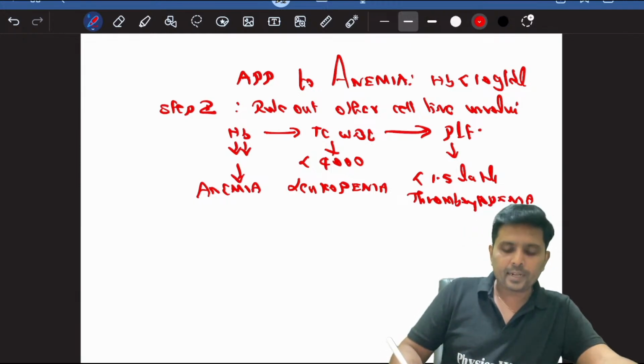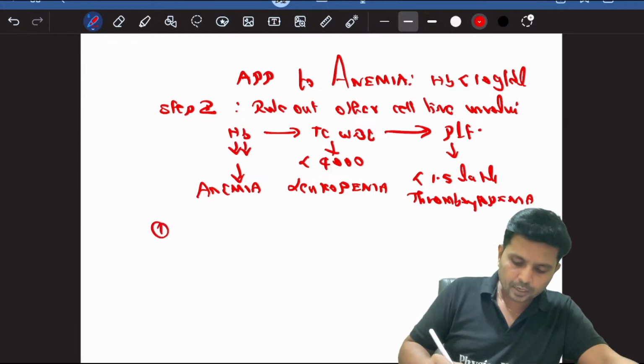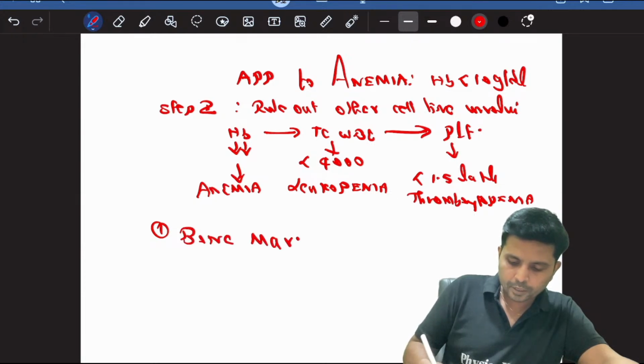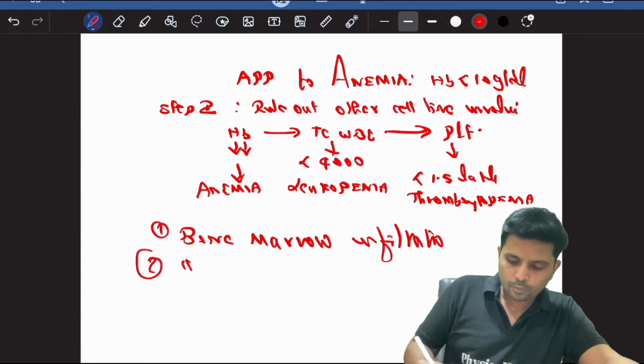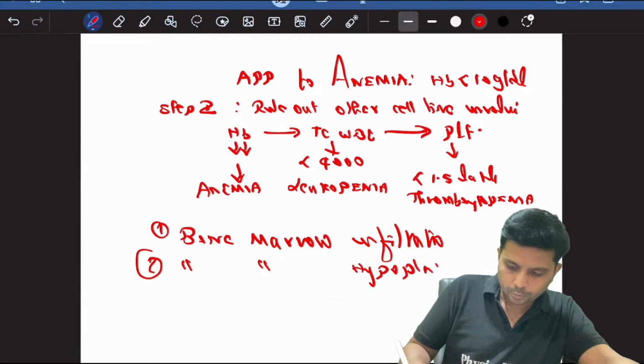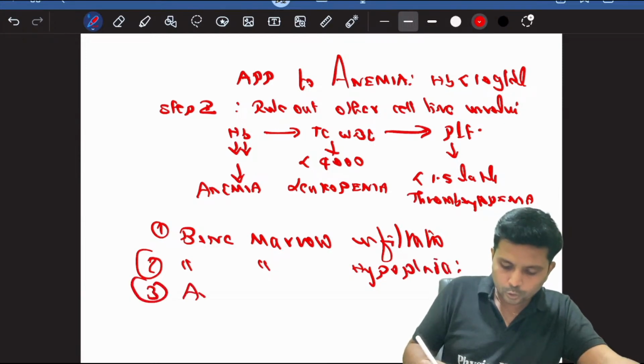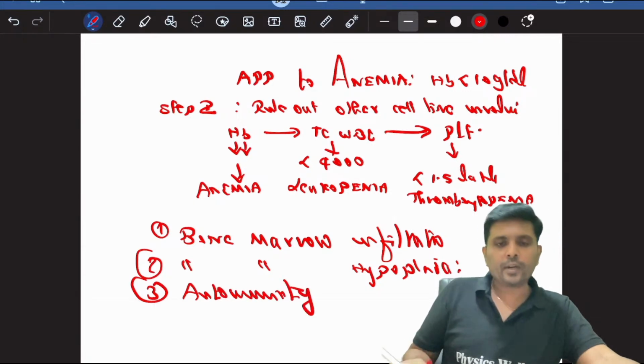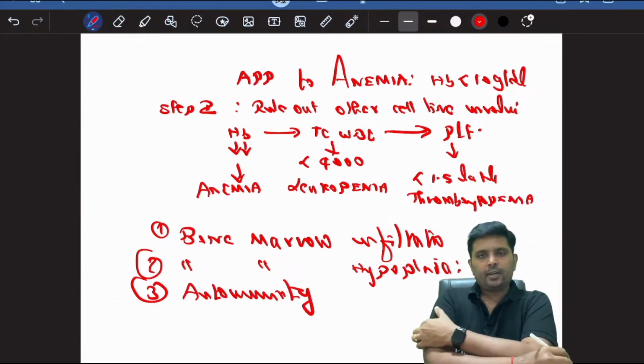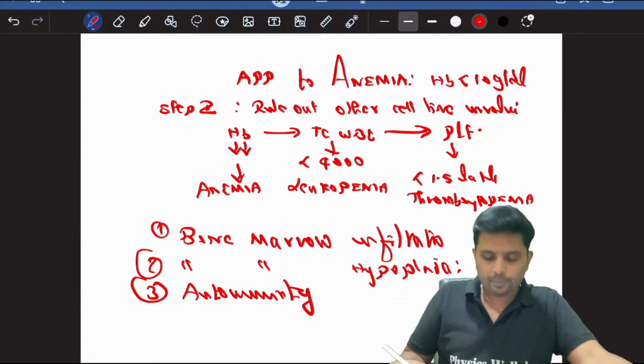When other cell lines are involved, the causes are: 1. Bone marrow infiltration. 2. Bone marrow hypoplasia. 3. Autoimmunity, autoimmune antibodies to your hemoglobin, platelets, as well as WBC.